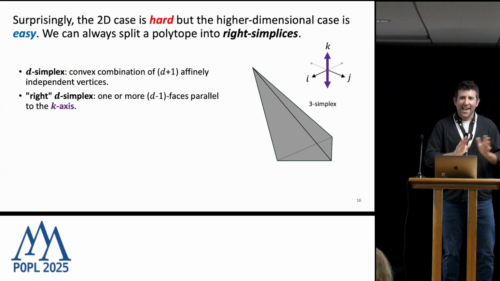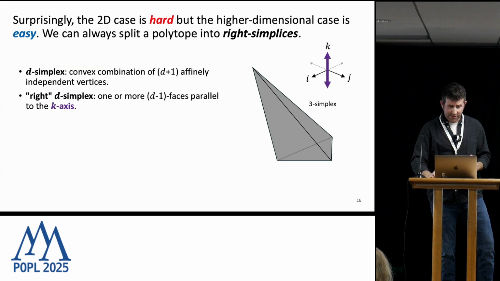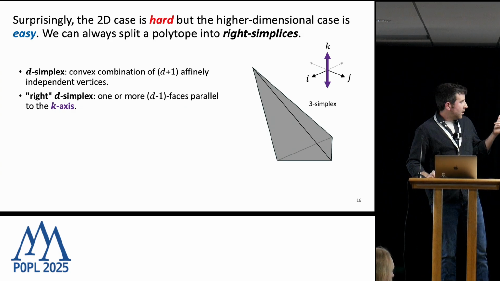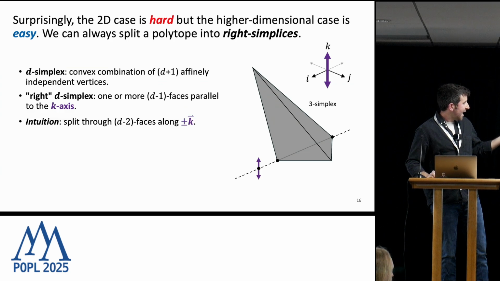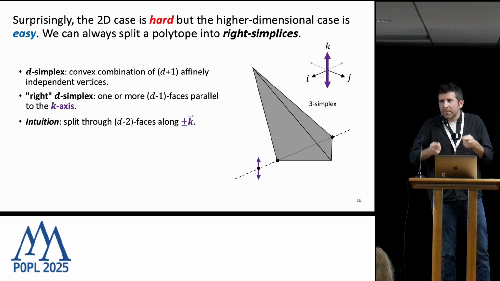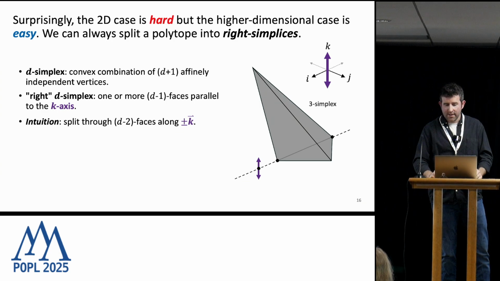And again, I'm being very hand-wavy here because I'm just trying to pass on the intuition that what we're trying to do is, given some input domain like this, can we figure out how to cut it up into right simplices such that each piece is easier to simplify?